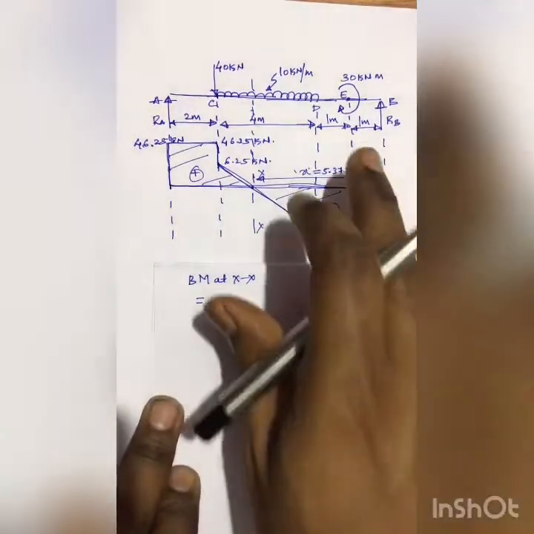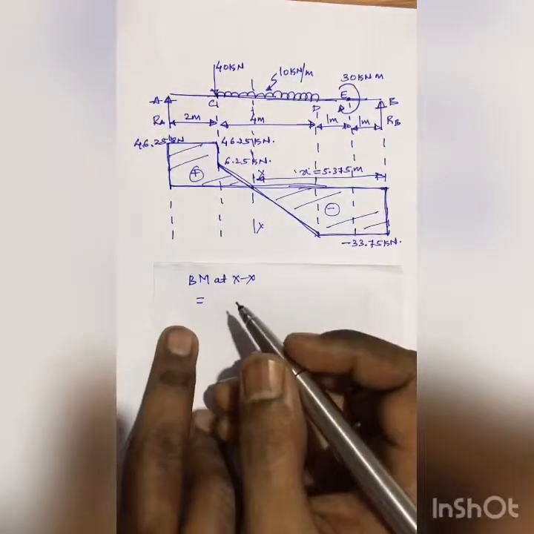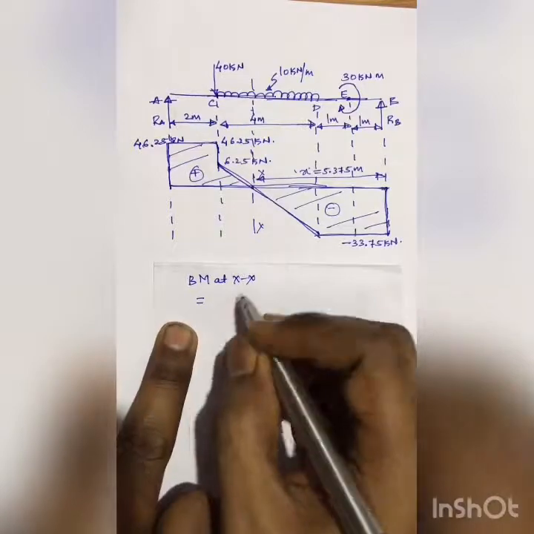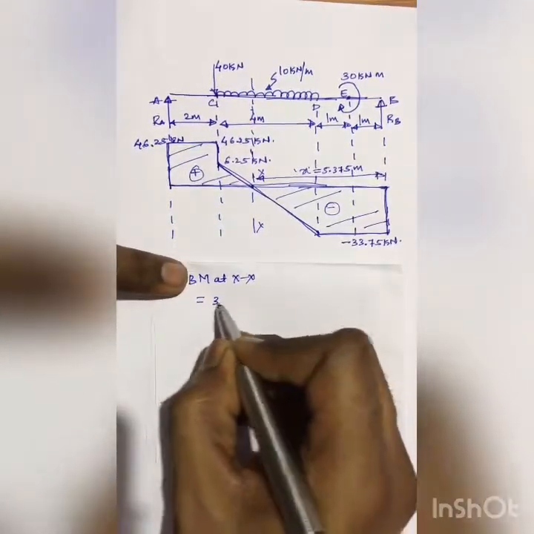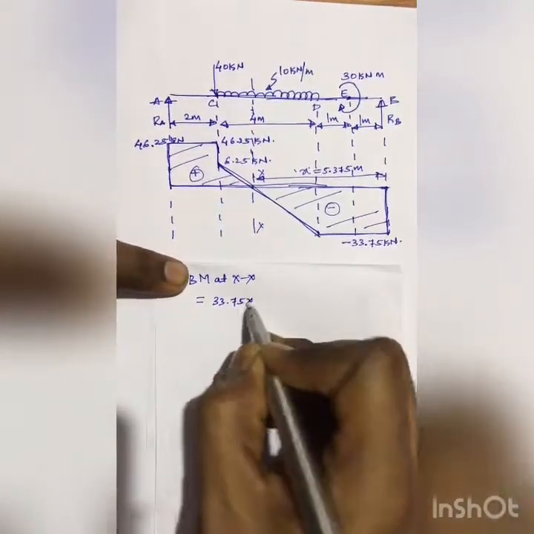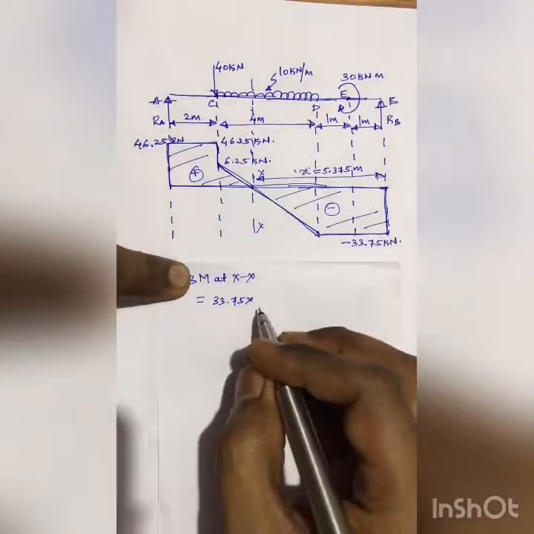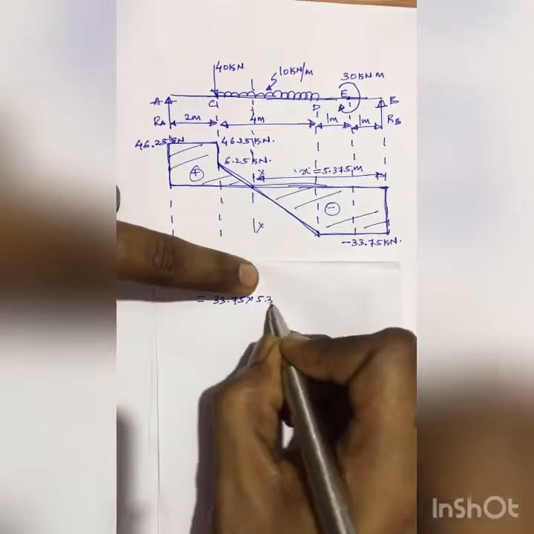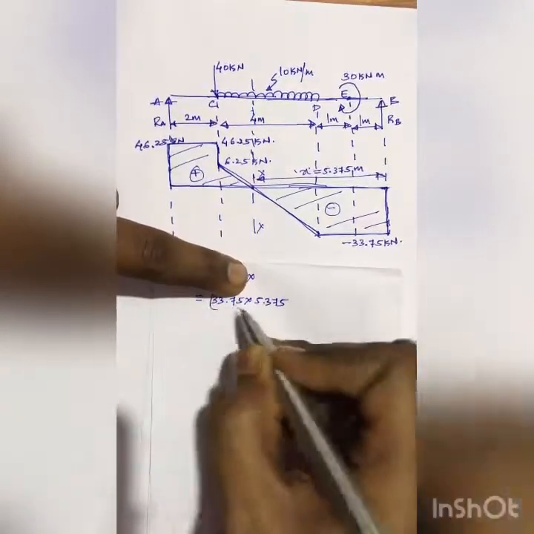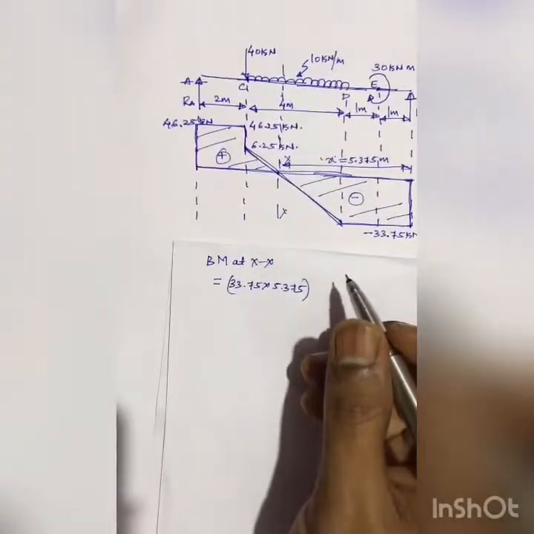So how much is this? First I'll have to consider RB. So RB is positive 33.75 into this distance, which is x. X is 5.375.